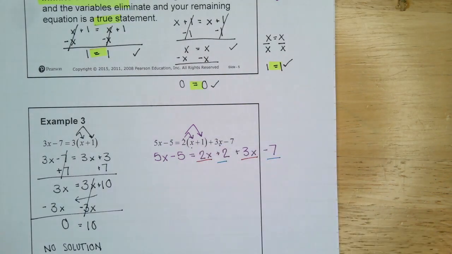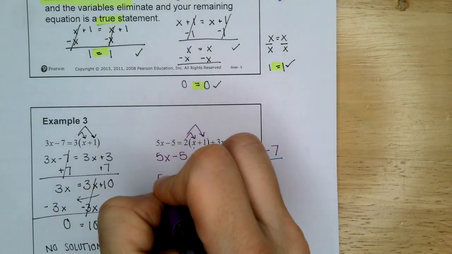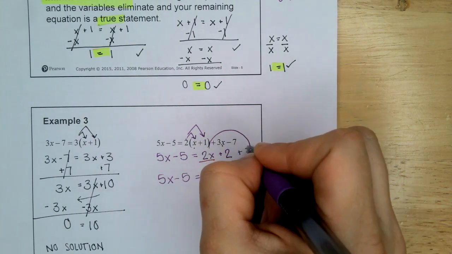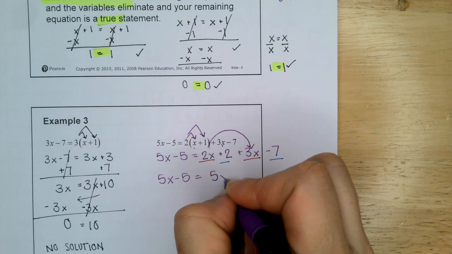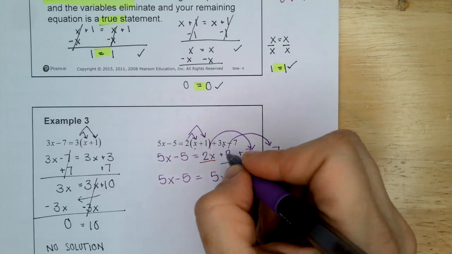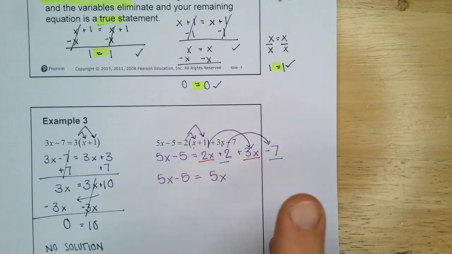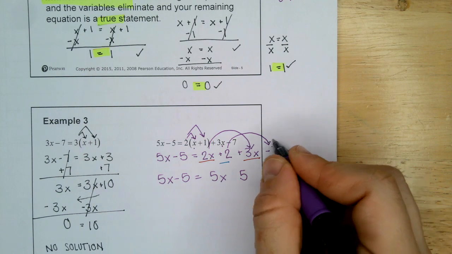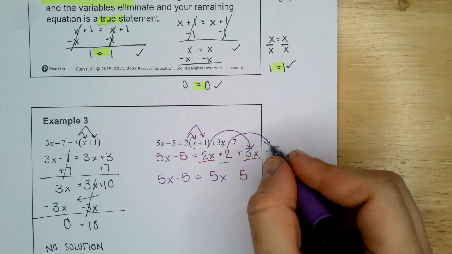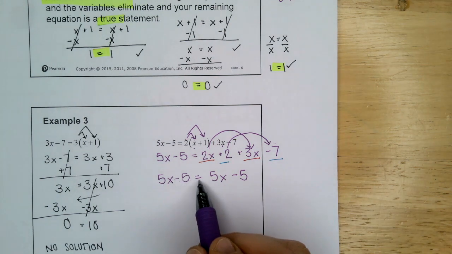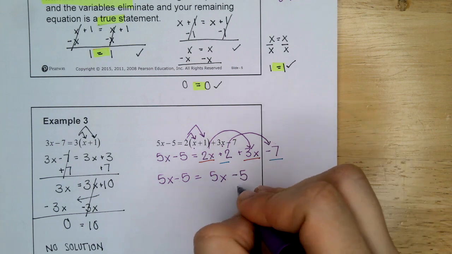So 5x minus 5 remains the same. The 2x combined with the positive 3x becomes 5x. The 2 and the negative 7, they have different signs, so we're subtracting them. 7 minus 2 is 5, but the 7 is the bigger number, the bigger absolute value, and it's negative, so it's going to be 5x minus 5, which is an excellent sign, right? 5x minus 5 equals 5x minus 5.